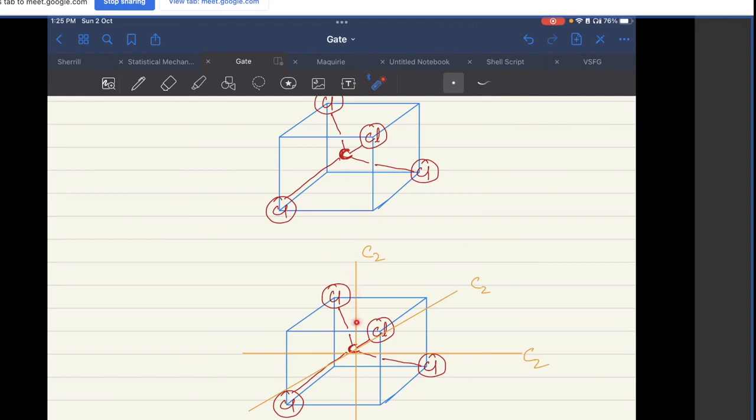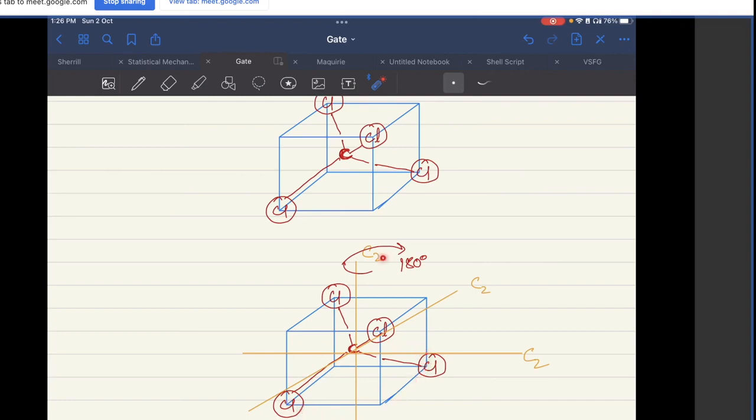This is one axis of rotation here. After the 180-degree rotation, this Cl will be here, this Cl will move here, and this Cl to here.